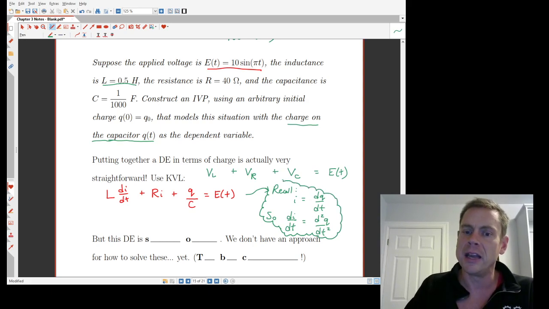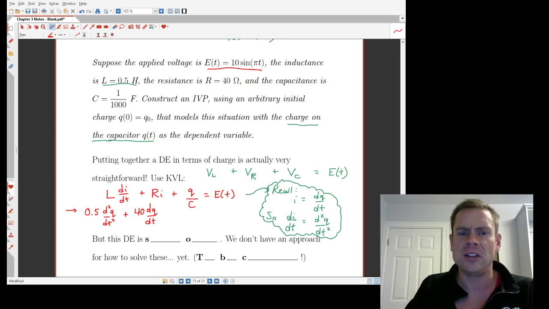Then I can plug that in to what we have here. L was 0.5, so I'll plug those in at the same time. It's going to be 0.5, di dt is really the second derivative of the charge. My R is 40 here. The I is the derivative of the charge with respect to time.